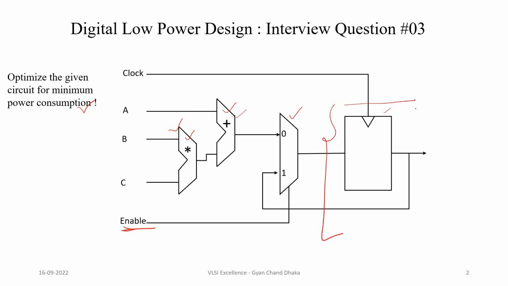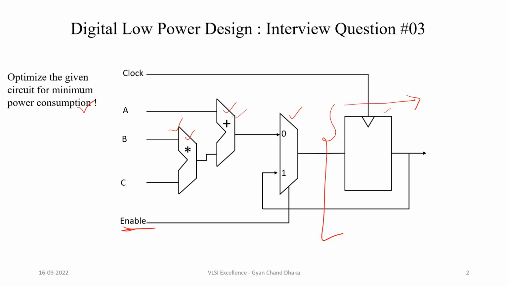Let's consider this as a downstream logic where the flip-flop is basically consuming the output of multiplier and adder through the mux selection. So whenever the enable is low, the output of multiplier and adder is used by the flip-flop. But whenever the enable signal is high, the flip-flop output is going back to the flip-flop input, so the output of multiplier and adder is not used when the enable signal is high.